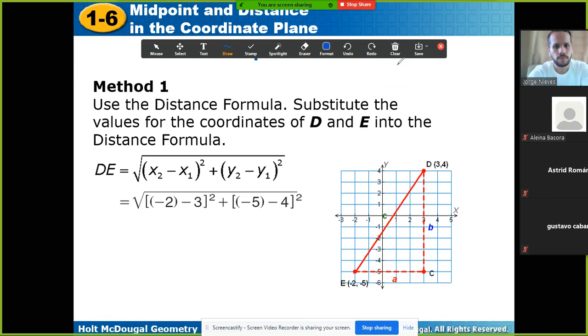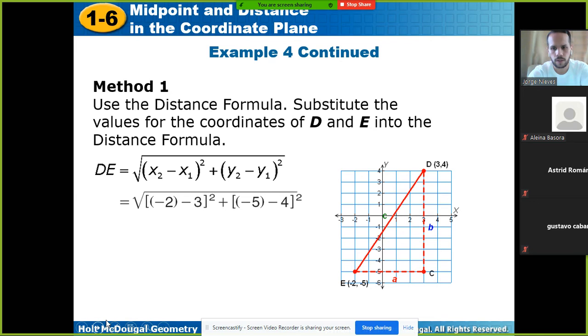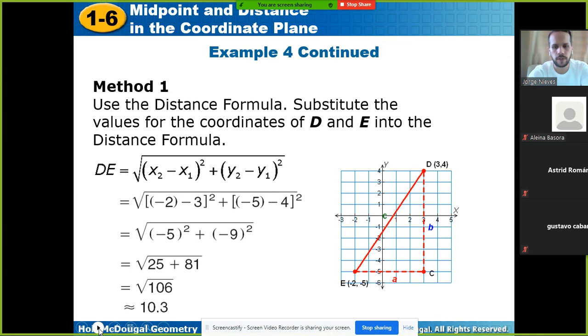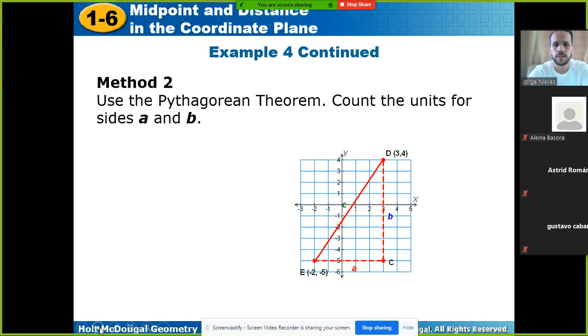So it's going to be something like this. 25 plus 81 is 106. That's equal to 10.3. So let's use the Pythagorean theorem. We're going to count the units. We see that the A side has 5 and the B side has 9. How do you do that?